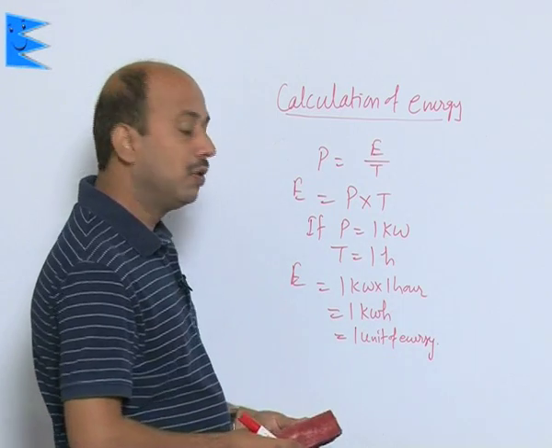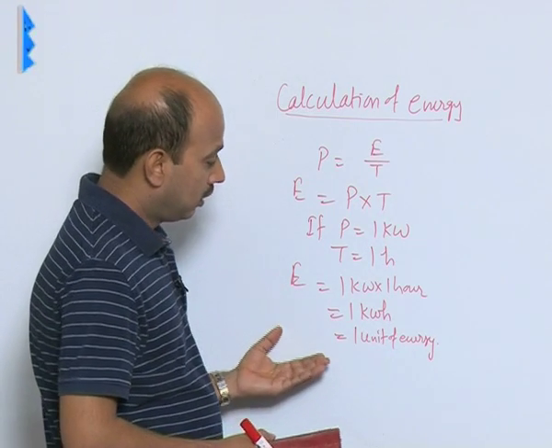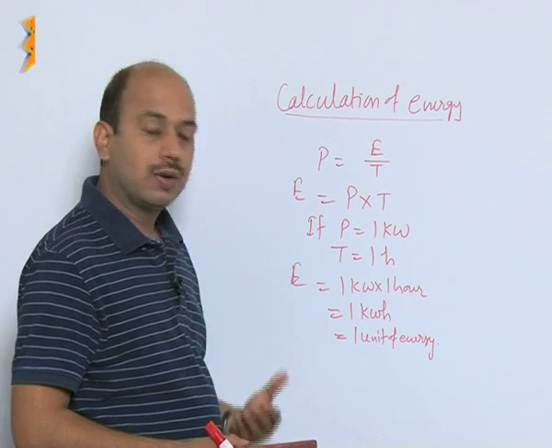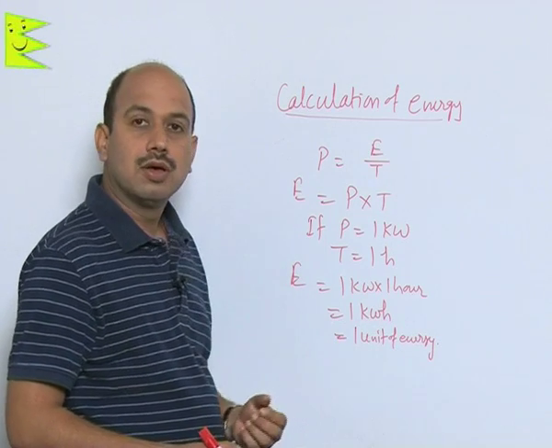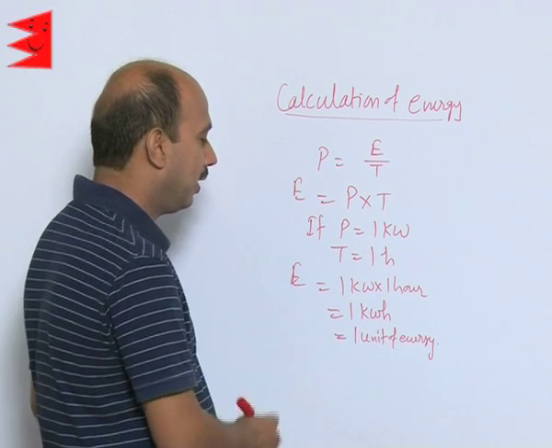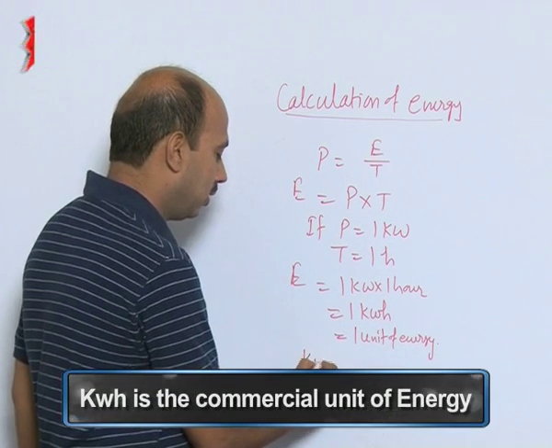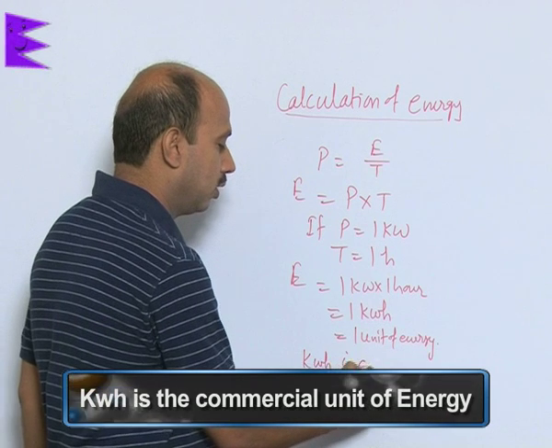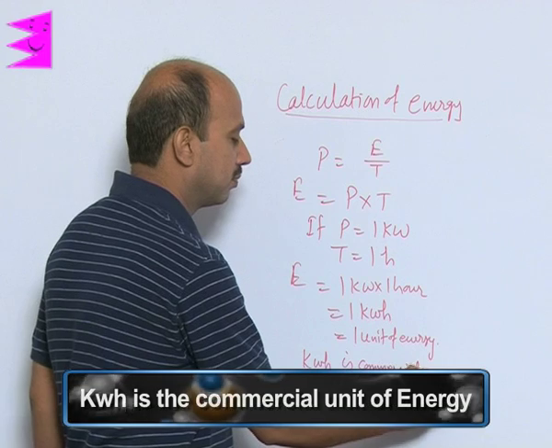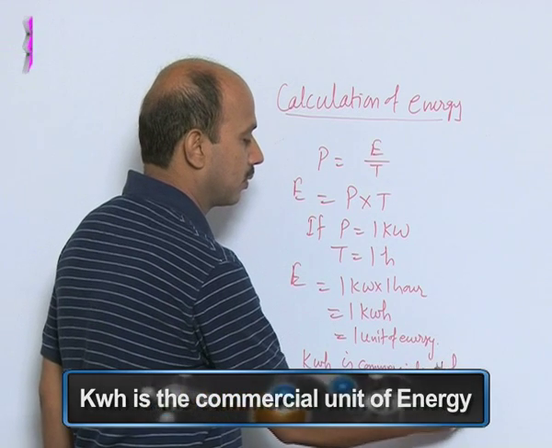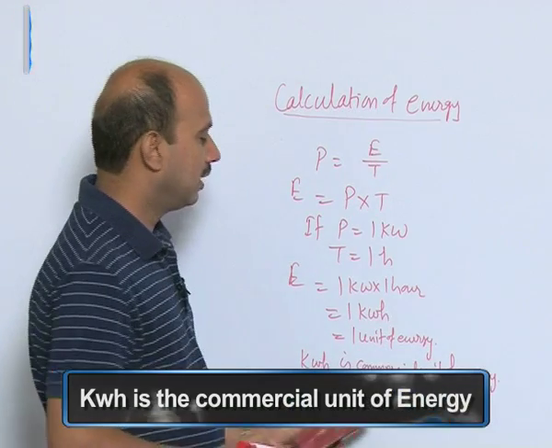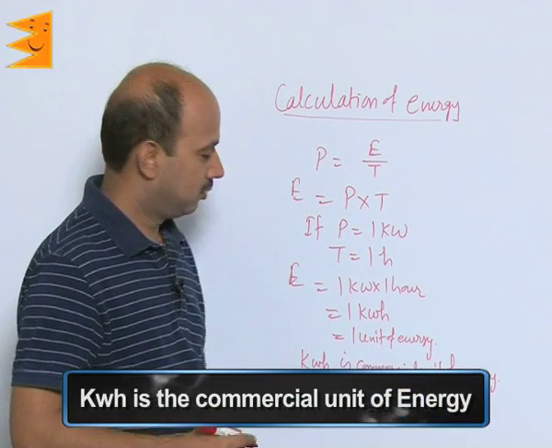It is a very common unit we use for electricity bills. Whenever you consume electricity, you get the electricity bill in units. So, 1 unit means 1 kilowatt hour. So, kilowatt hour is the commercial unit of energy.